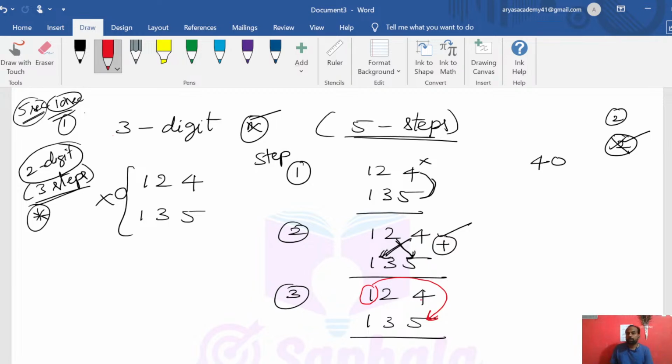Similarly, the last digit in the first number will get multiplied by the first digit in the second number. And the second digits in both the numbers will get multiplied by each other. Here we are multiplying 3 times, so you have to add all the 3 values. This is the most crucial point. You are multiplying 3 times and you have to add 3 values without using pen and paper.